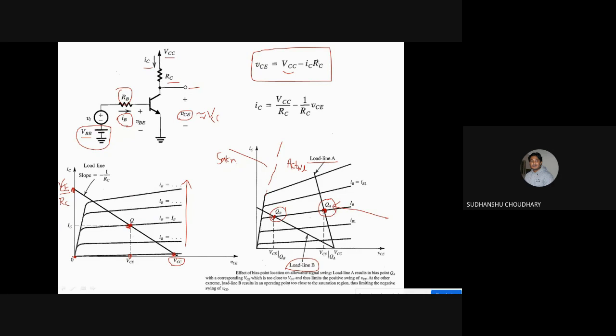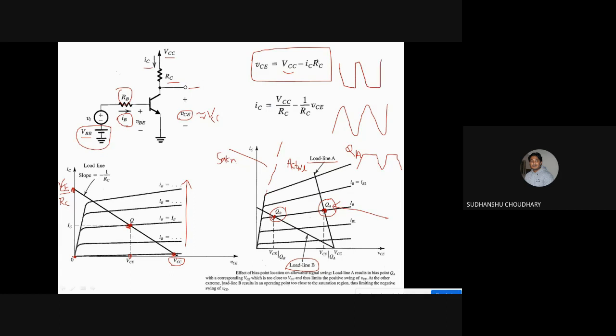So instead of getting the full amplified waveform like this, you may get a waveform which would be somewhat like this, right? For point QA. So if you bias at QA operating point, you will see this. And if you bias at QB, you can see this, right?